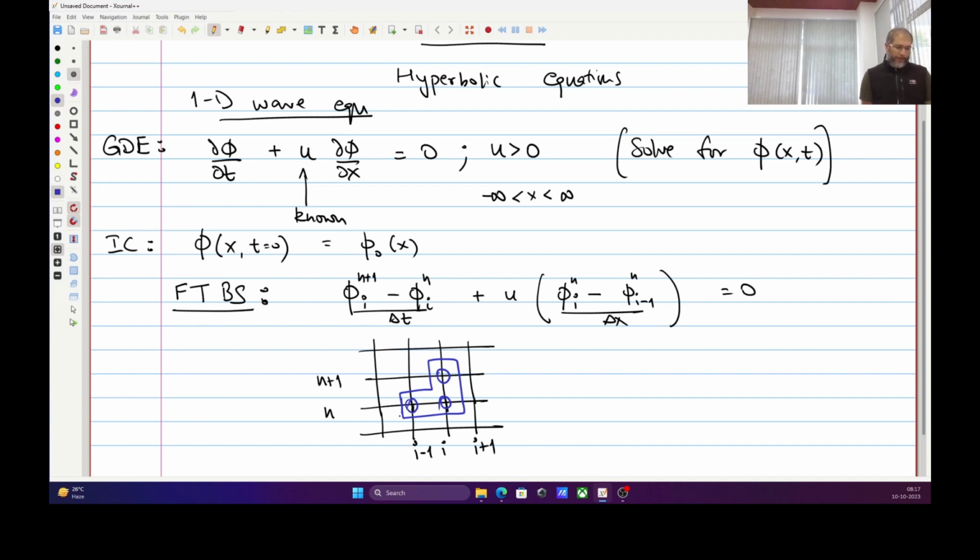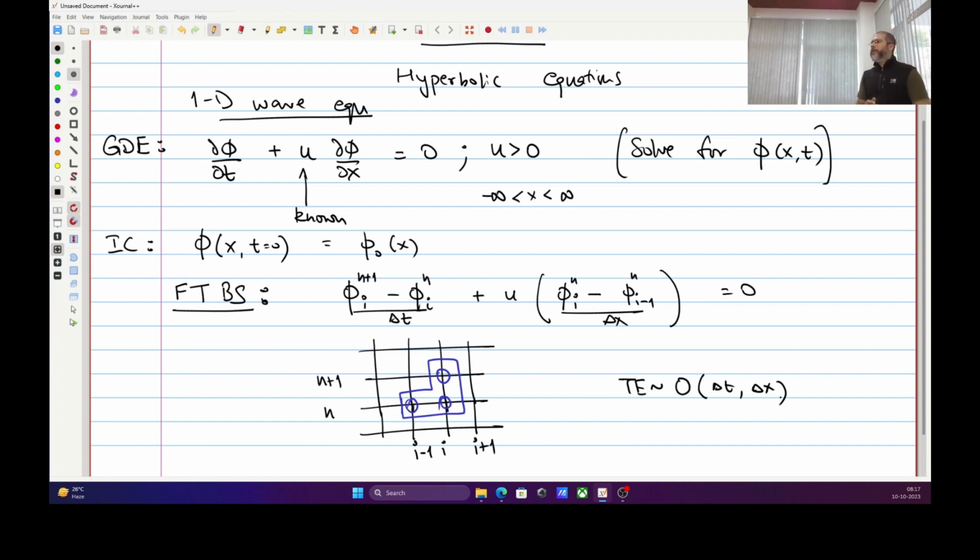Next is, well, the truncation error. We have an intuition here that since it's forward time, backward space, what do you think would be the truncation error in delta t and delta x? Because forward time is order delta t, and backward space is also order delta x.